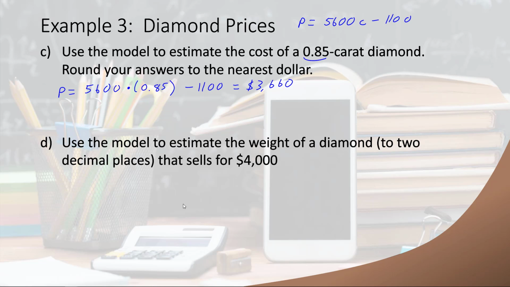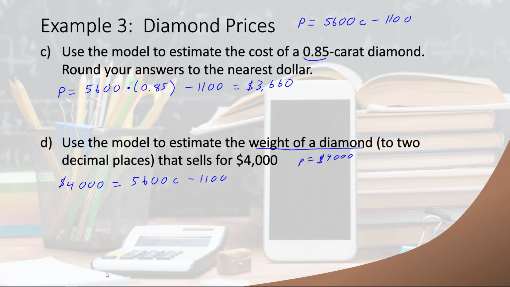Okay, now the next problem is to use the model to estimate the weight of a diamond, to 2 decimal places, that sells for $4,000. So in this case, P is equal to $4,000, and we want to figure out what C is. So we're going to substitute $4,000 in for P, and that's going to be equal to 5,600 times C minus $1,100.